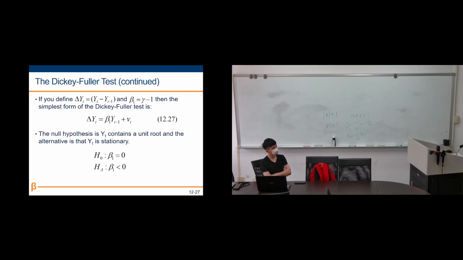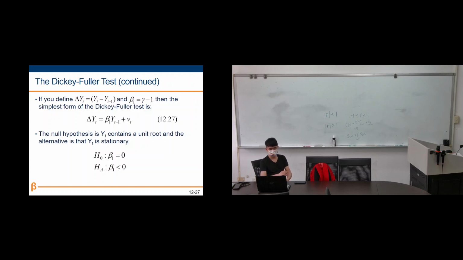So if I set the null hypothesis of beta equal to 0, what does it mean? If beta equals 0, it means gamma equals 1, right? And what does gamma equal to 1 mean? Random walk, right?